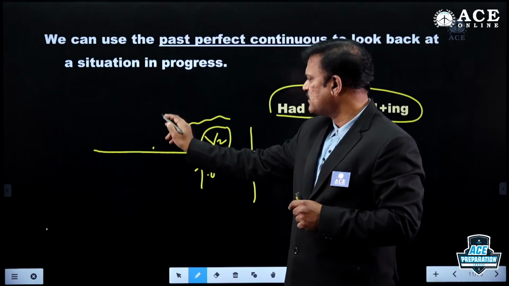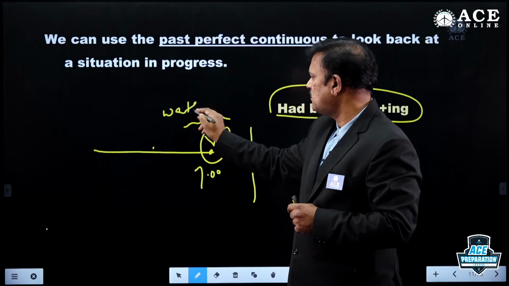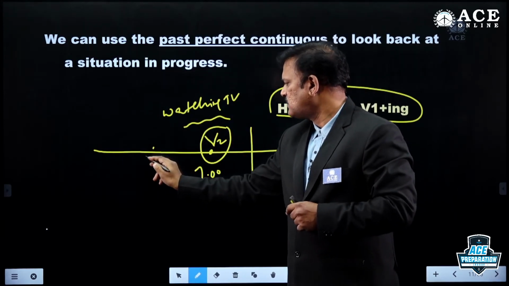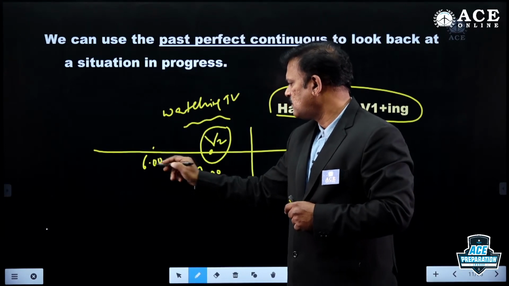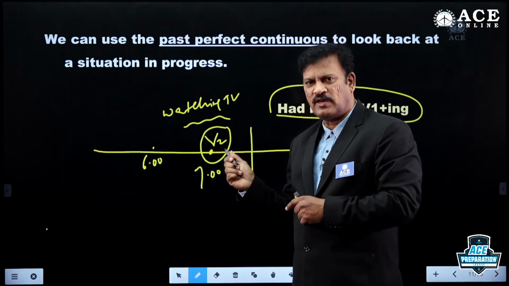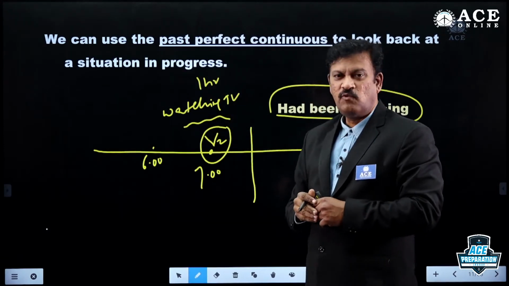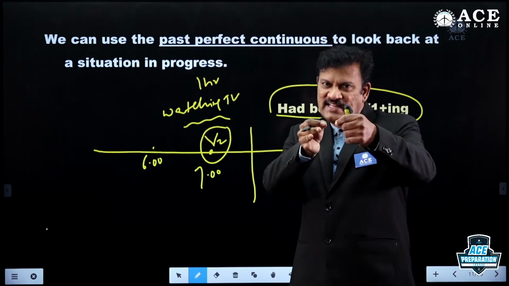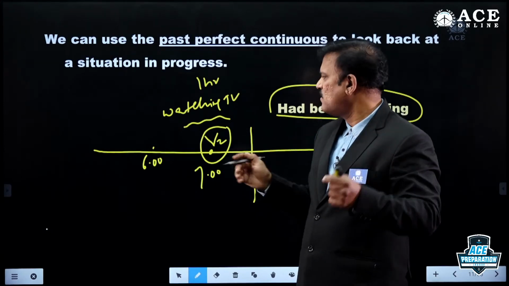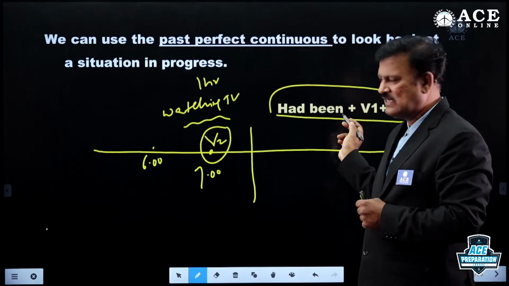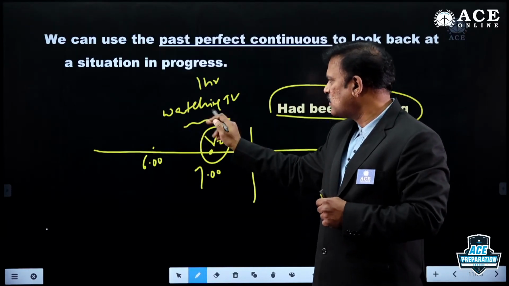Somebody started some work, maybe watching TV. Let us say he started at 6. But I am interested at this point: 1 hour. Whenever I express the length of time, duration, I use this have been, had been, has been form.